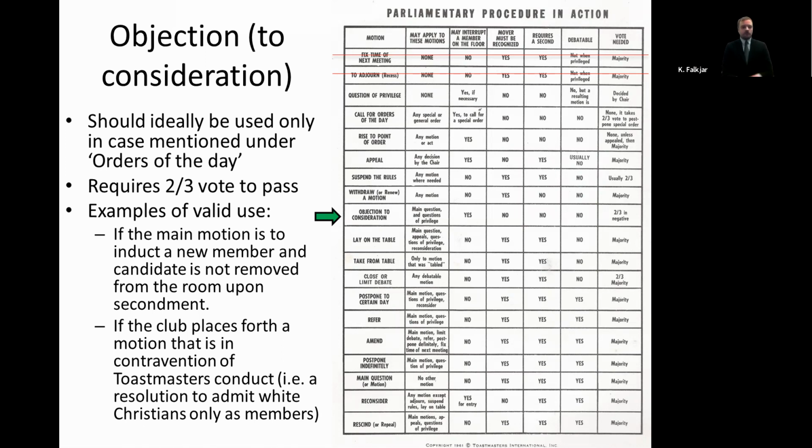Examples of use: if we're inducting a new member or voting out a member, and the candidate is not removed from the room, that is a conflict of interest in either case, and an objection should be made in that case.